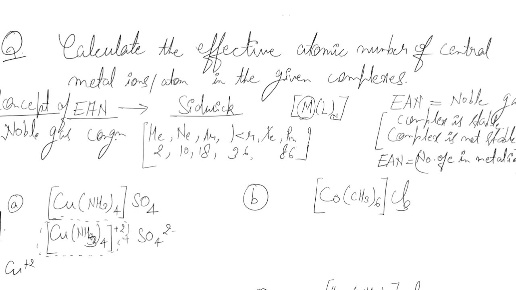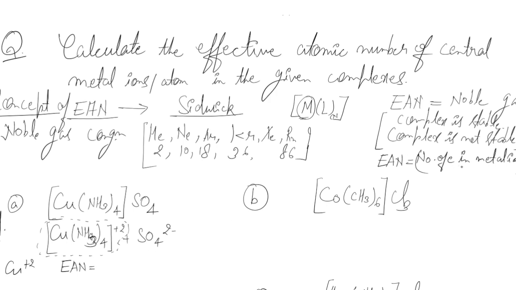Some Werner's theory idea is required here, how the metal will receive the electrons from the ligand. So in this particular complex, what is the EAN?